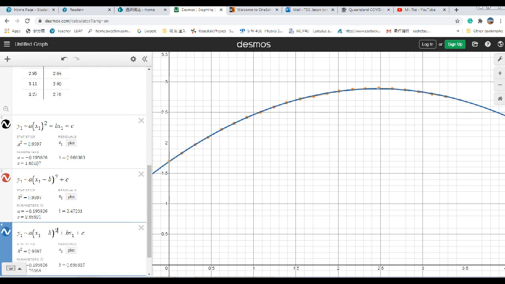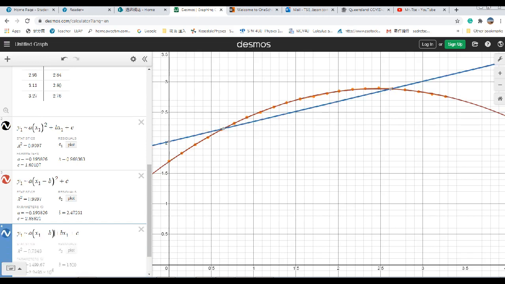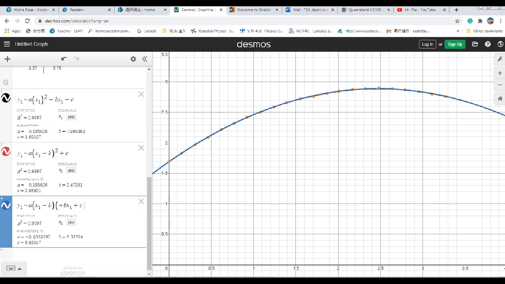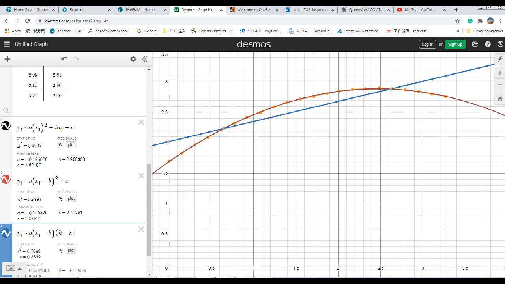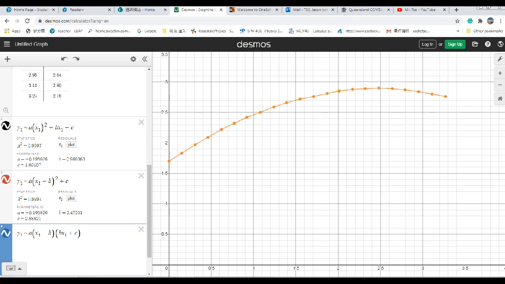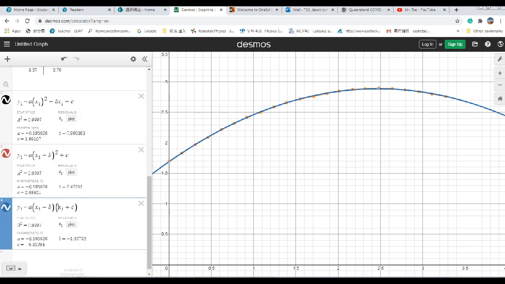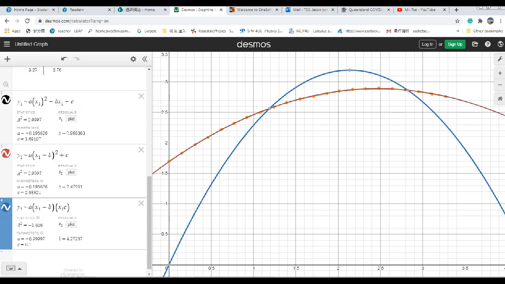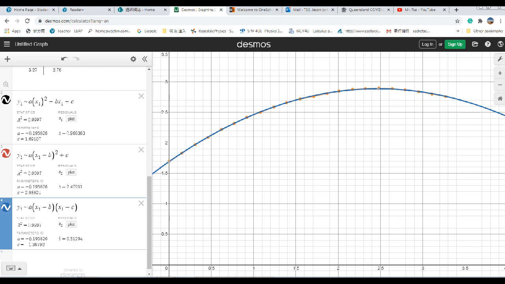Of course you have to change it, so it should be like this. So you see the same graph.